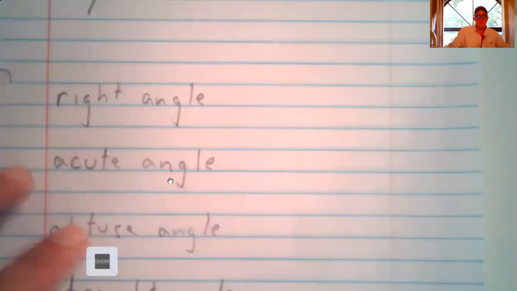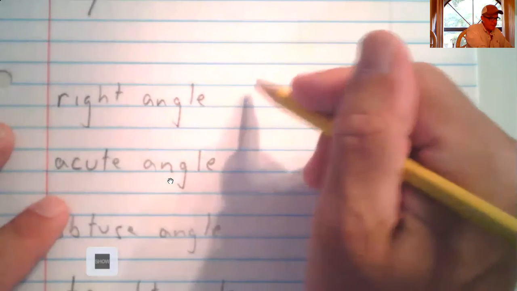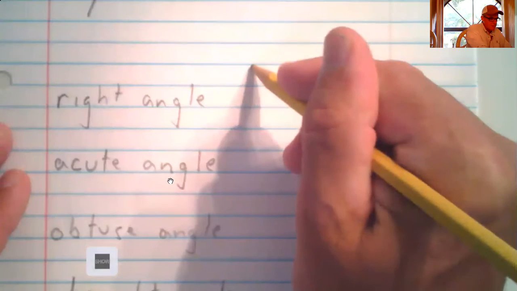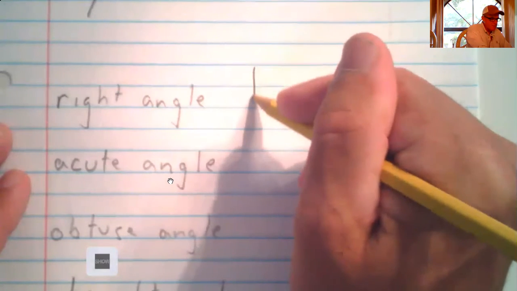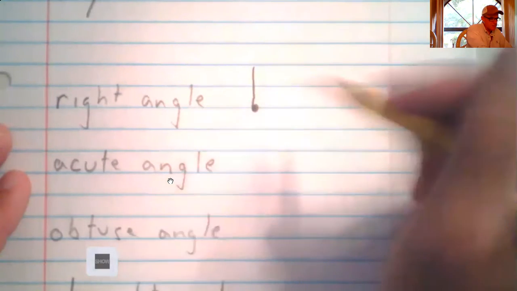We're going to start with what a right angle looks like, because everything else is based off of a right angle. A right angle is almost like the letter L. So I'm going to come down here, and there's my endpoint.